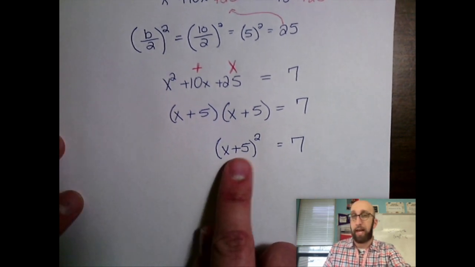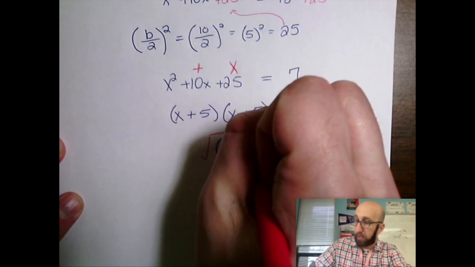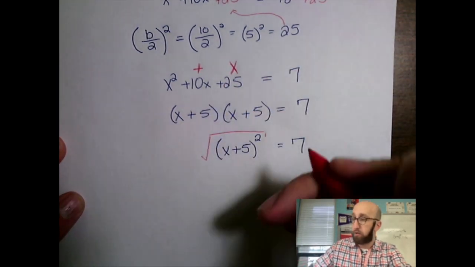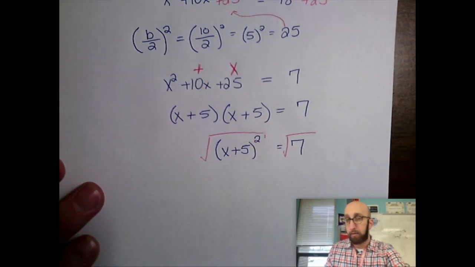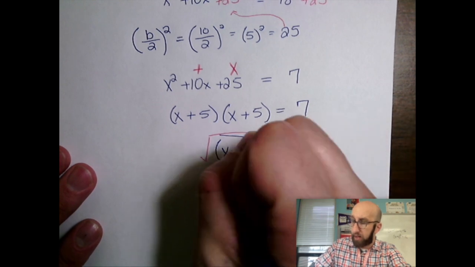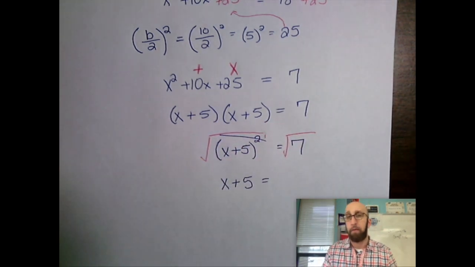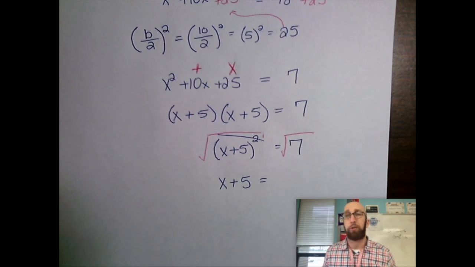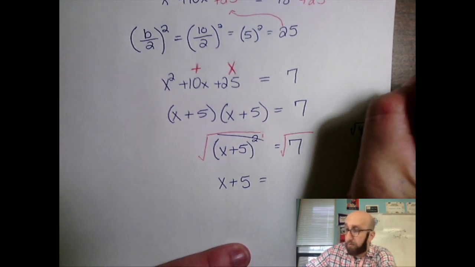I'm trying to get to x, but there's a 5 and that square in the way. So I'm going to start by getting rid of the square by doing a square root on the left and a square root on the right. So on the left side, we get a little bit closer to our x. We got an x plus 5. On the right, we have to figure out the square root of 7. Now here's the deal. I know how to do the square root of, say, 4.